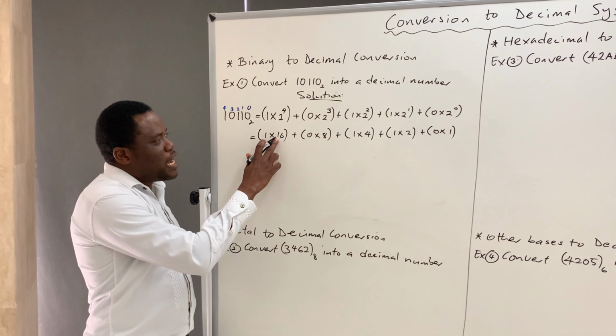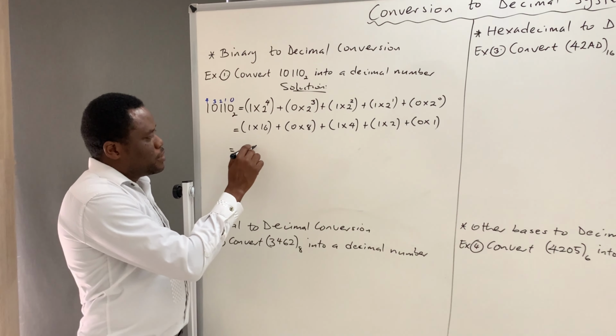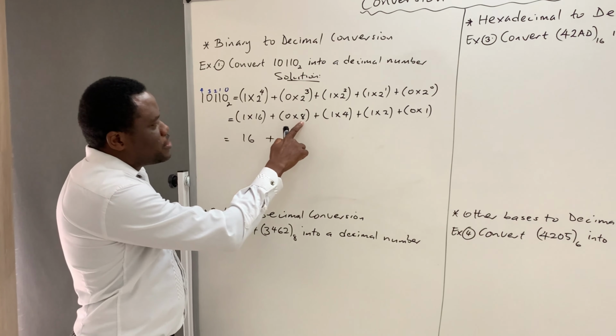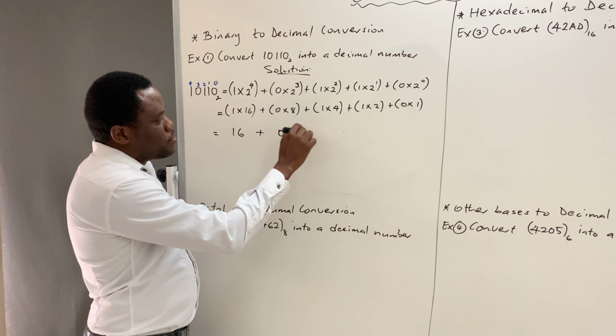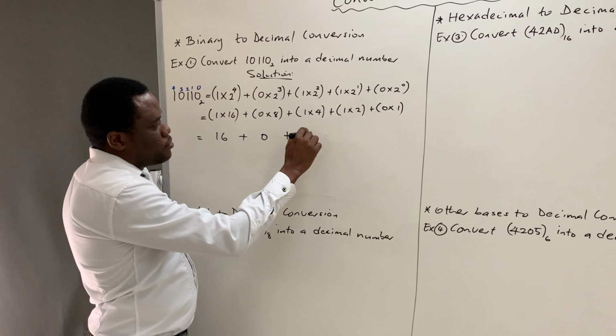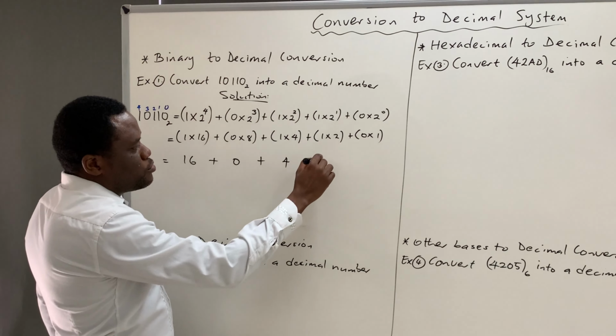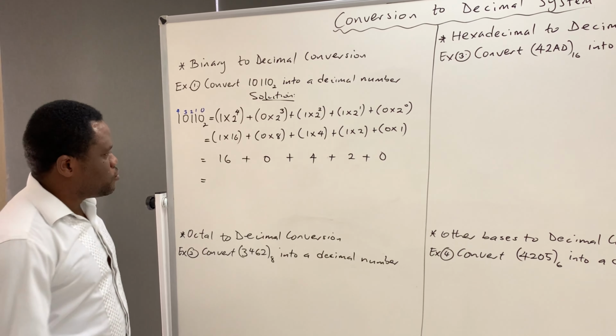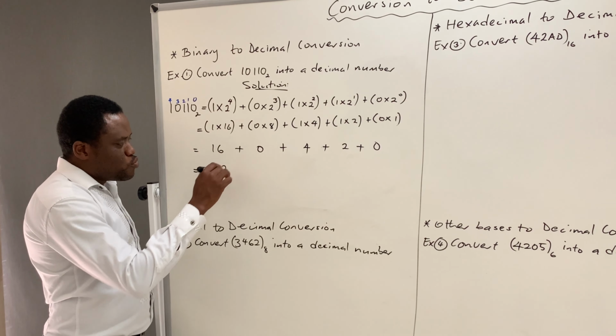So 1 times 16 is 16, plus 0 times 8 is 0, 1 times 4, 1 times 2, 0 times 1. So finally, we can sum it up. 16 plus 0 is 16, plus 4 is 20, plus 2 is 22, plus 0 is 22. So we have 22 in what?